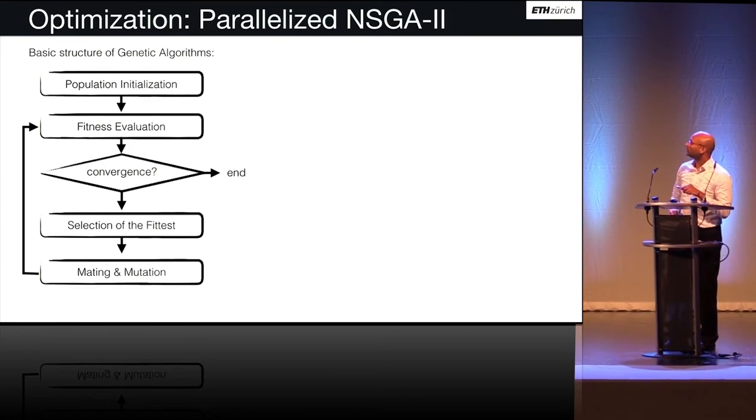So the way it works is for the first generation, we have no idea what a good population would look like. So we initialize randomly. And once we have these, let's say 32 individuals, we run 32 simulations to evaluate their fitness, basically to figure out what the average speed and cost of transport is.